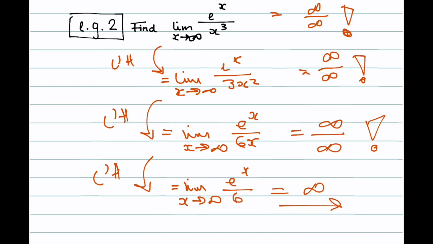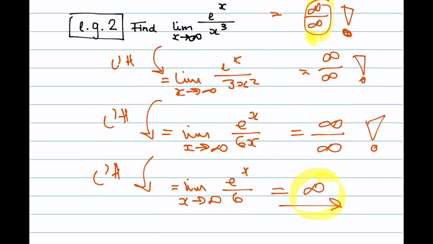And now we've solved this limit with L'Hopital's rule, where at first we get some indeterminate form, and then we end up with a non-indeterminate form solution. So our final solution is that the limit is infinity.